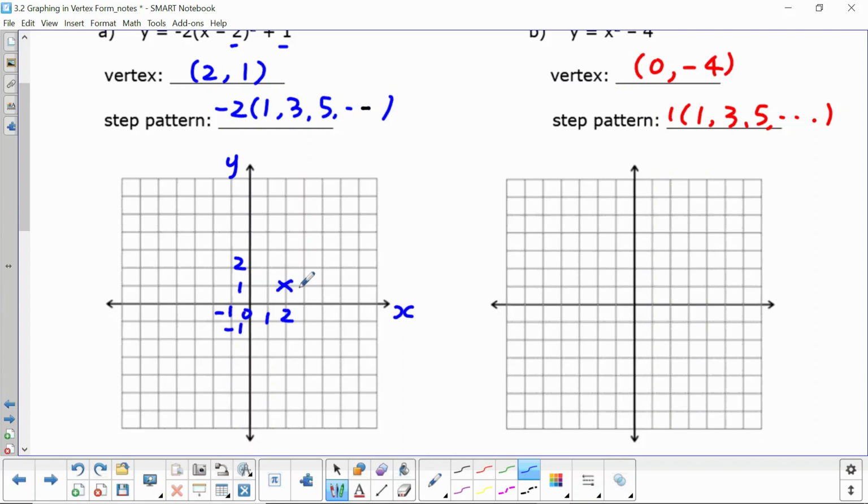Negative 2 is right 1, down 2; right 1, down 6. Then we find the axis of symmetry, x equals 2. Then we find the symmetric points. So this one will be here, this one will be here. Then connect them smoothly.